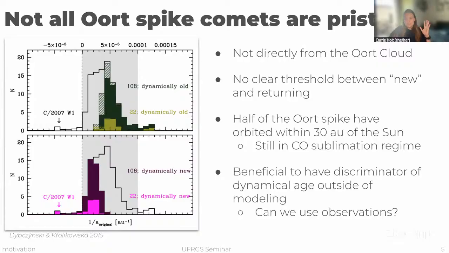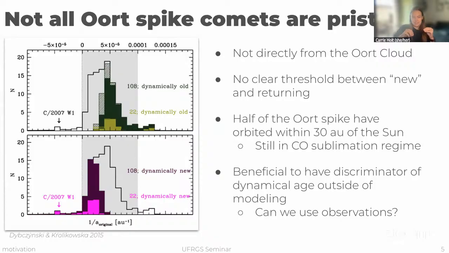However, recent work has shown that in reality, not all of the comets in this Oort spike are truly pristine. Some recent studies by Dybczyński and Królikowska in 2015 have shown that essentially half of the objects in this Oort spike have had previous perihelion distances less than 30 AU.